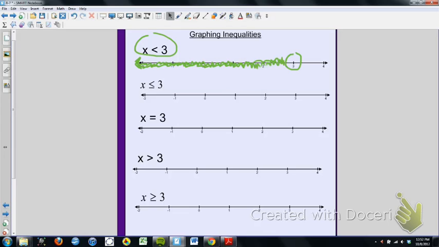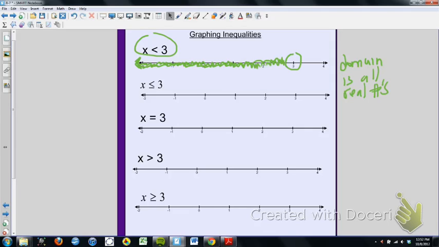When we talked about sets before, we said that some sets contain an infinite amount of numbers, and this is one of those sets: the solution set to x is less than 3. So if the domain is all real numbers, then remember the domain is the numbers that you consider putting into the inequality.